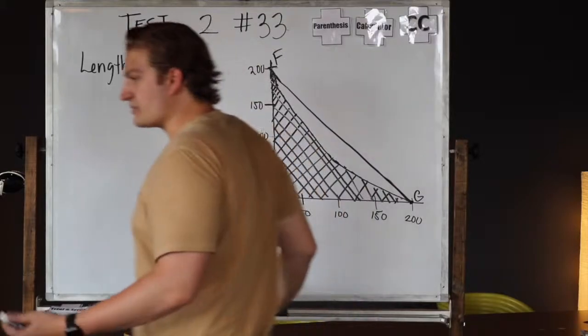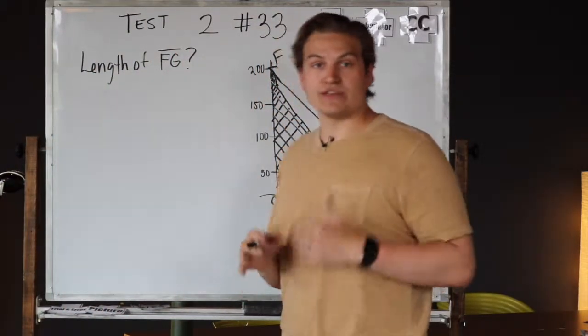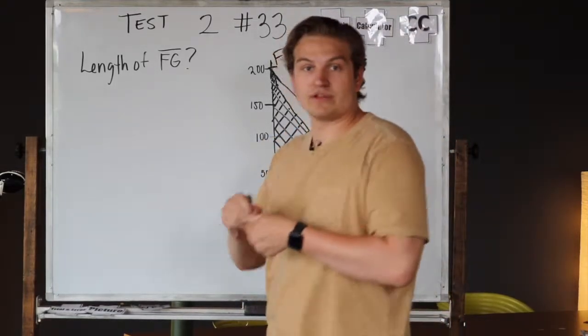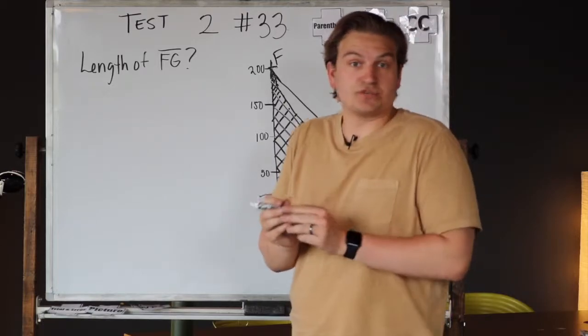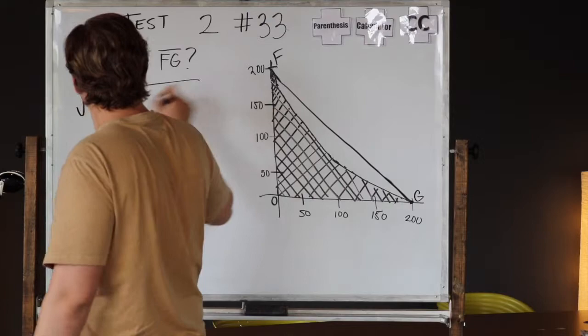So that was the geometry way. I want to solve this the algebra way. And if you want to find this answer the algebra way, you're going to need to know something called the distance formula. And the distance formula calculates distance between any 2 points. And the formula looks like this. You've seen it before.